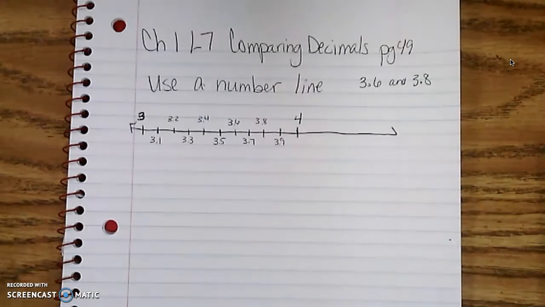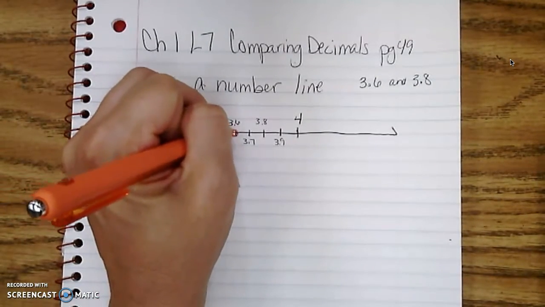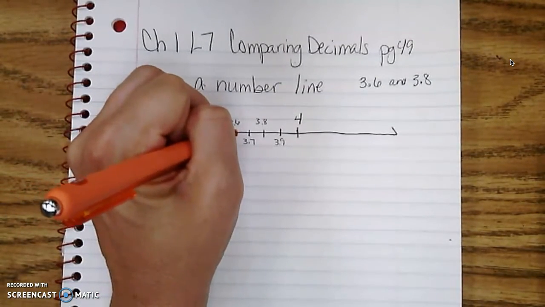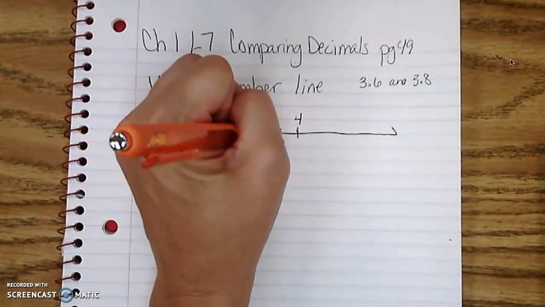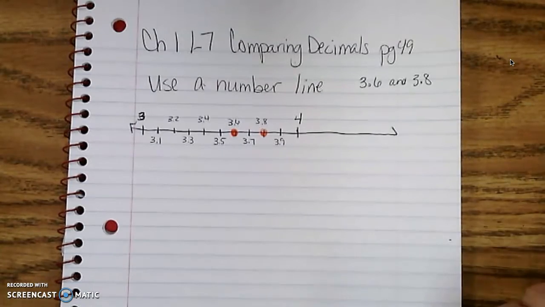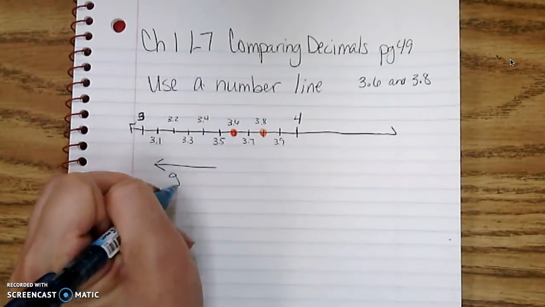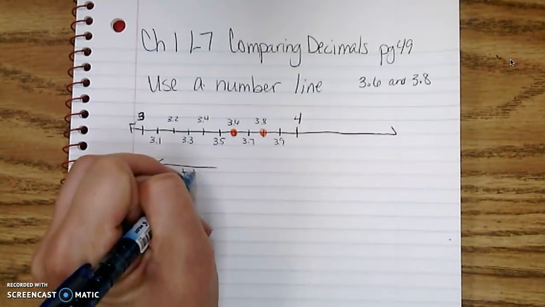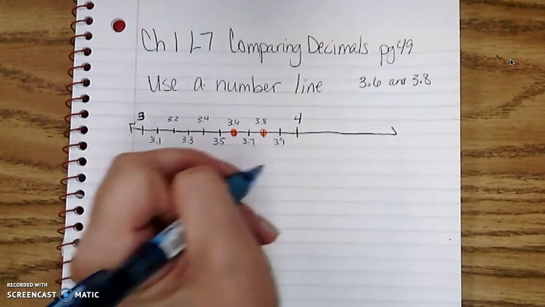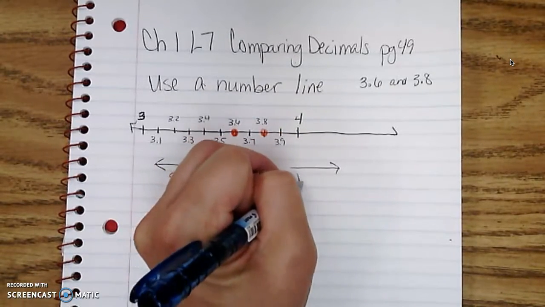Now I want to place 3.6 on my number line. I'm going to place a point here on 3.6, and another point on 3.8. As numbers move this way, they get smaller or lesser in value, and as numbers move this way, they get greater in value.